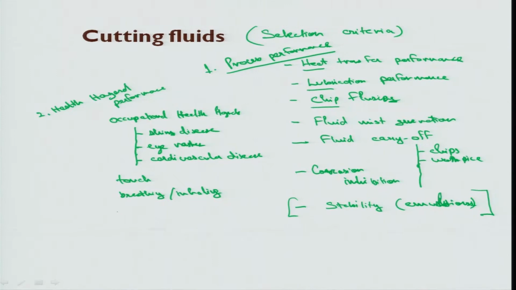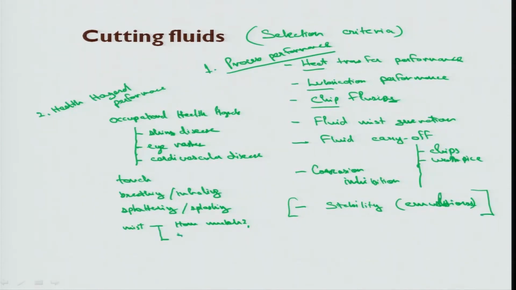Then how much fluid is being splattered, splattering of cutting fluid, and maybe splashing here as well. Then is mist able to settle very soon? Mist, first we would say how much mist, the amount.